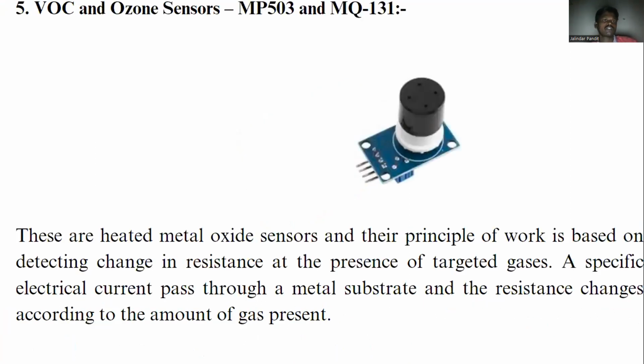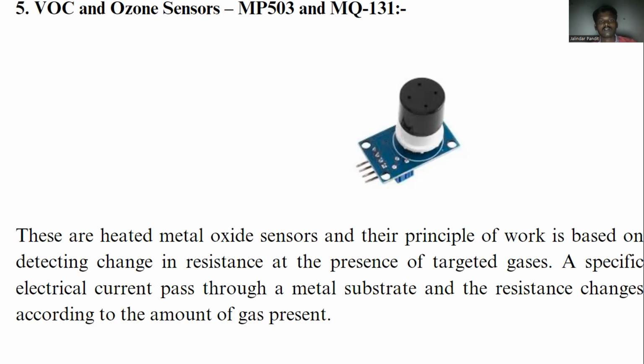Now that is the VOC and ozone sensor MP503 and the MQ131 smoke sensor. For measuring VOC and ozone, we are using the MP503 and MQ131 gas sensors, which are metal oxide sensors.